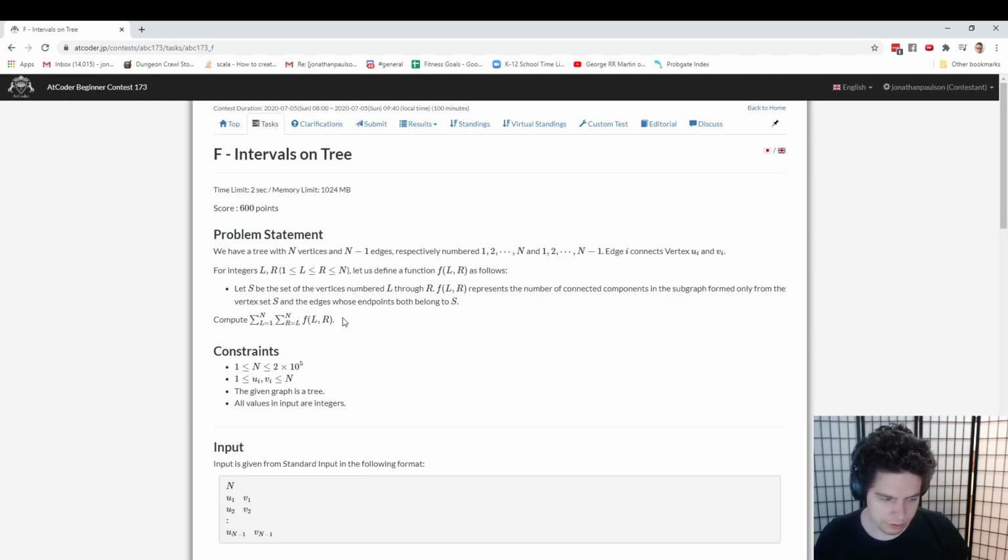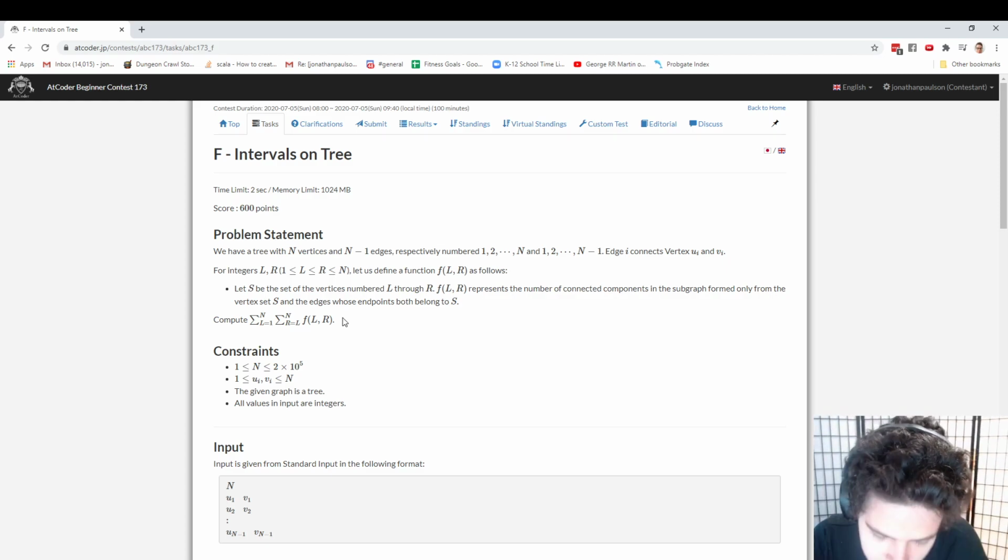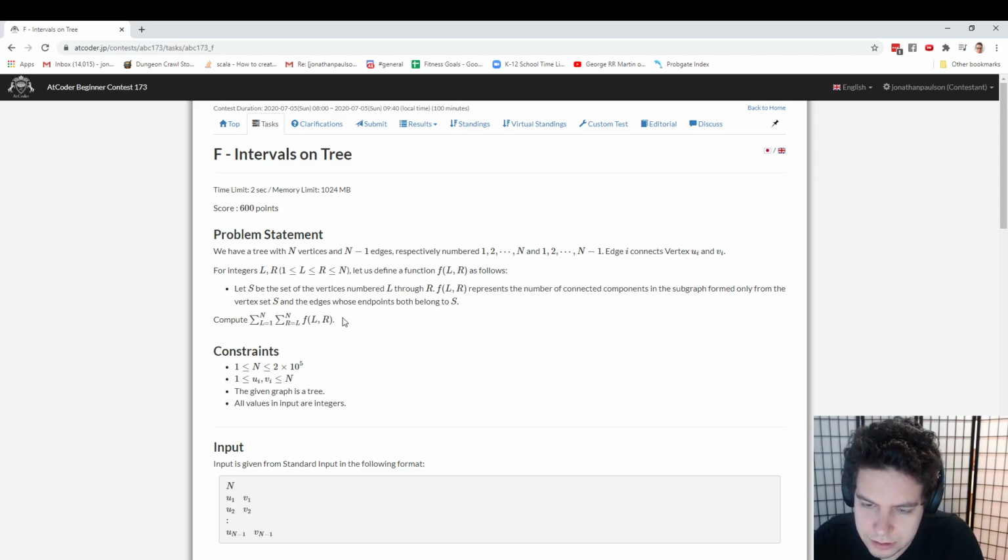For every L, you're only going to go through each edge once as you go through all the values of R. So this is linear time for each value of L, so the whole thing is n squared. I'm not fully explaining the solution. There are some details to work out, but they're all fine.